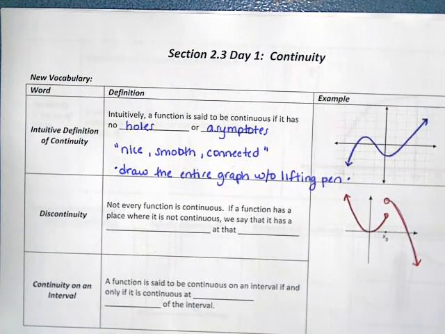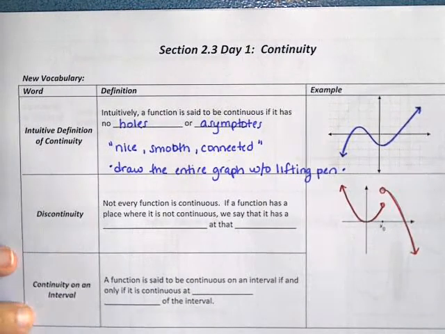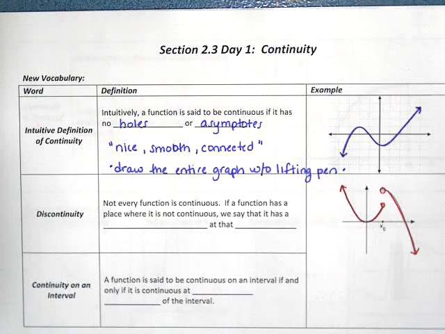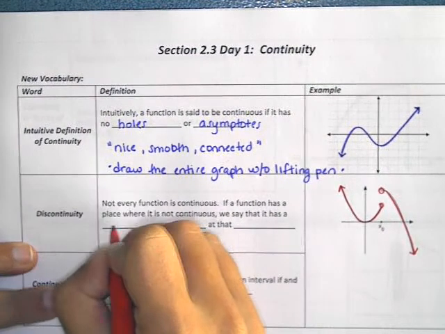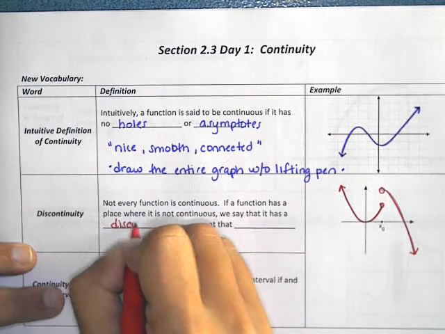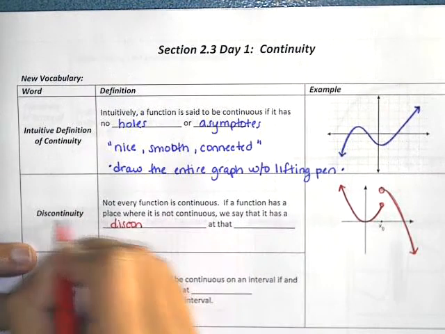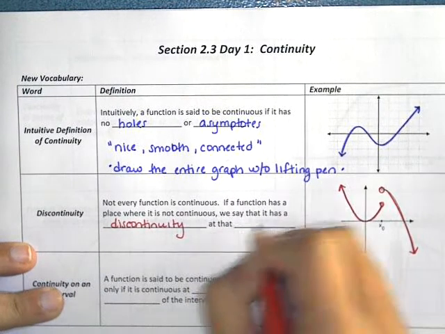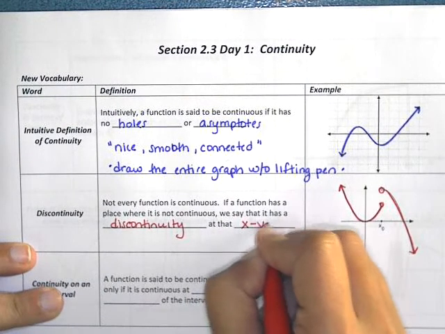Now we say that when you're not continuous, the function has a discontinuity. So since not every function is continuous, we say that it has a discontinuity at that specific x value.